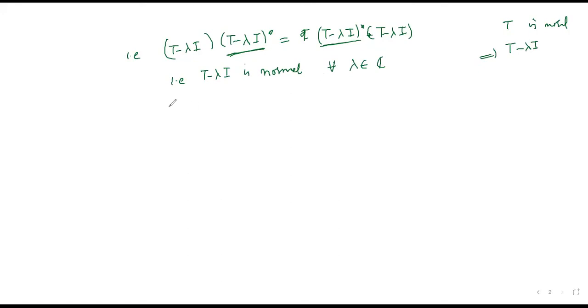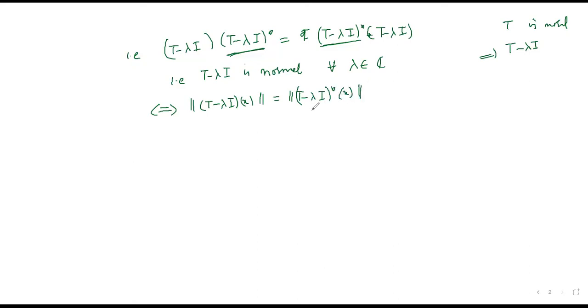But this is equivalent. So this would imply this is if and only if the normal operator, which we had perhaps already proved, preserves the norm: (T minus lambda I) applied to x in norm is equal to (T minus lambda I) star applied to x.